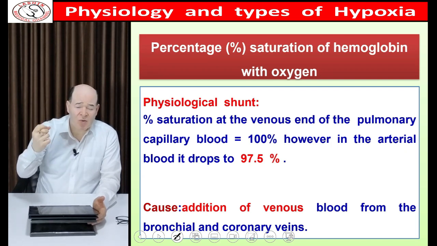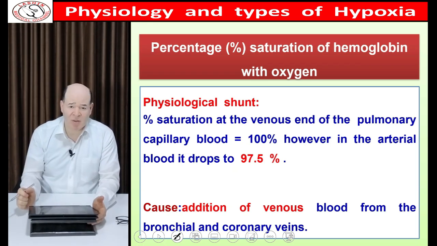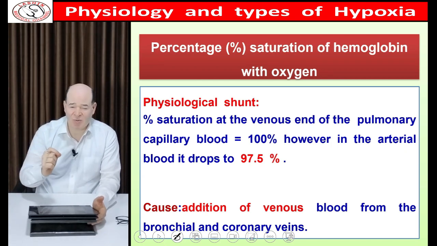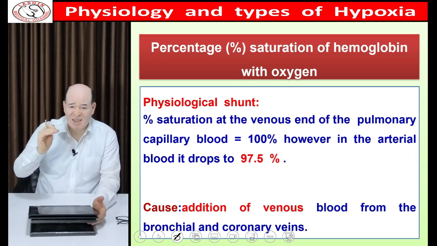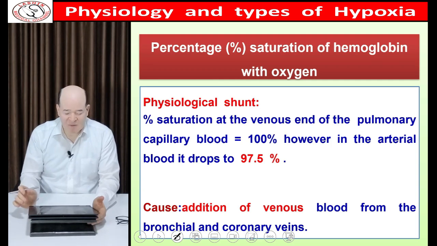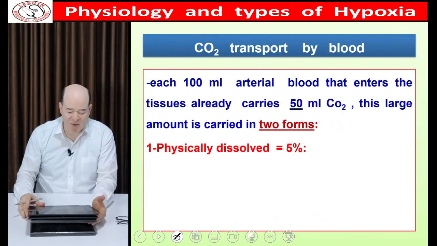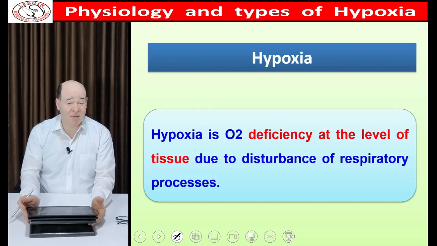It is derived from the wall of the left ventricle, the wall of the left atrium and from the bronchial vein. Venous blood with a percent saturation of 70% is added to blood with a percent saturation of 100%, so it is decreased to 97.5%. This is called physiological shunt because this is a physiological condition. So the highest percent saturation normally in the arterial blood is 97.5%, not 100%.